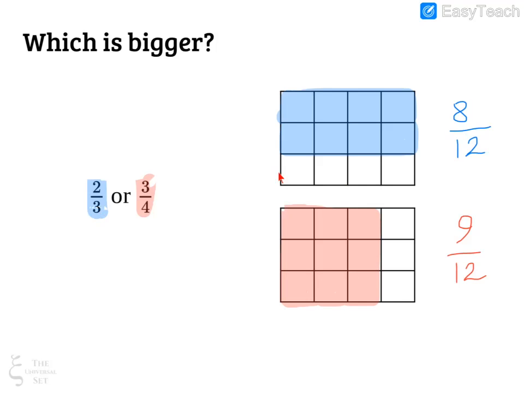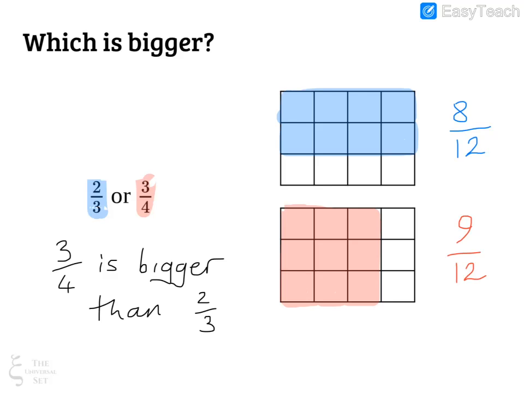Now we've got a couple of equivalent fractions. 2/3 is equivalent to 8/12, and 3/4 is equivalent to 9/12. Now it's really easy to tell which is bigger out of 8/12 and 9/12. It's obvious that 9/12 is the bigger one. So because 9/12 is bigger, 3/4 is bigger than 2/3.